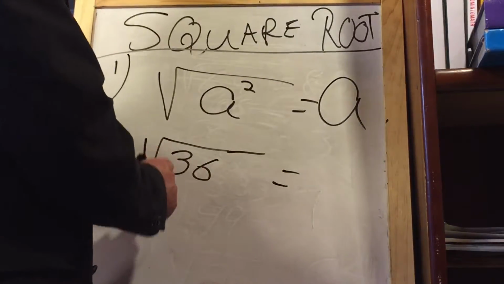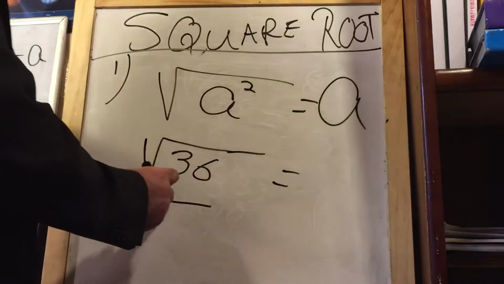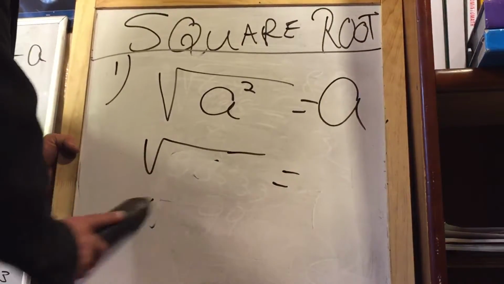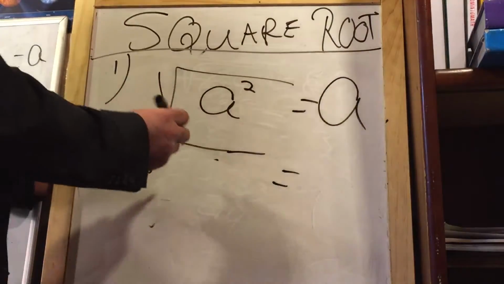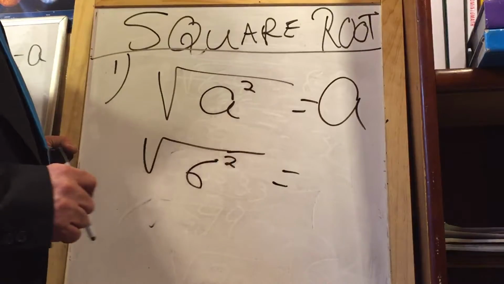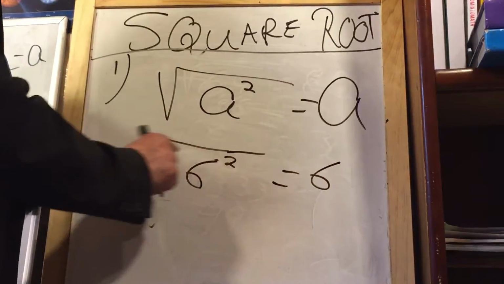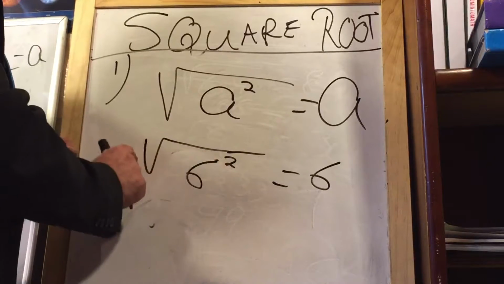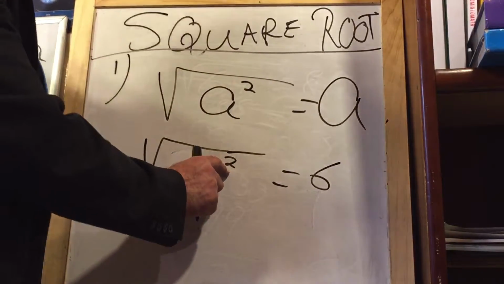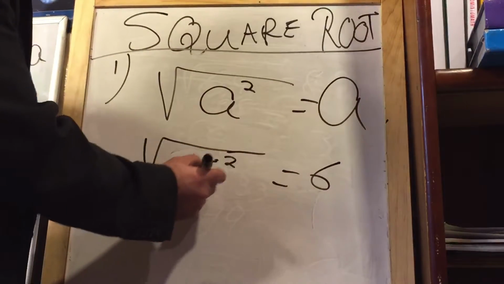Why 6? Let me do it easier for you guys. Square root of 6 square, which is 36 by the way, is 6. So this is when you have square root and underneath it a number that has exponent 2, so the answer is this one here only.